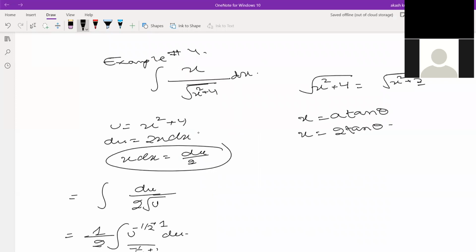So x squared plus 4 becomes 4 tan squared theta plus 4.